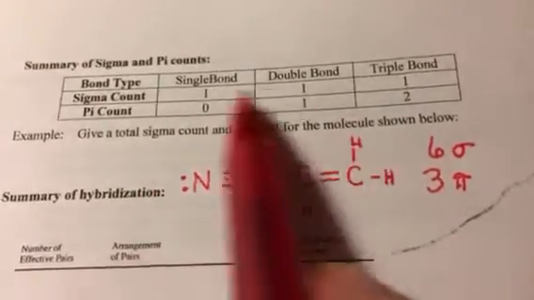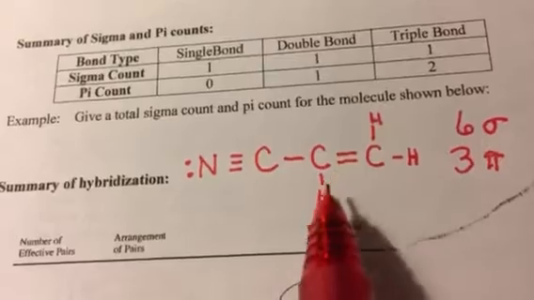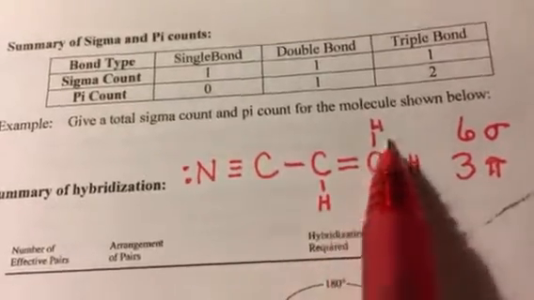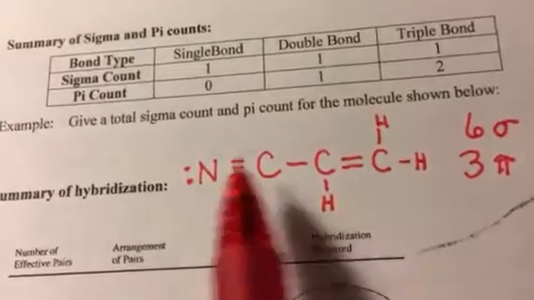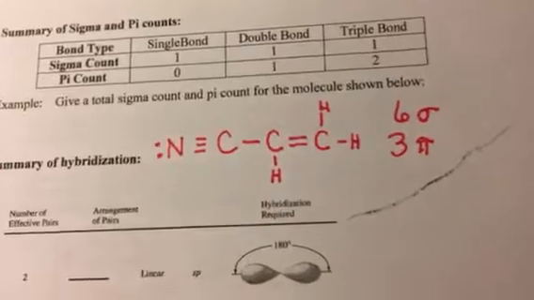So I'm just basing it on this pi count. Double bond is a sigma and a pi. And so we counted 6 sigma, and 1, 2, 3 pi. That's all you have to do for sigma and pi counting.